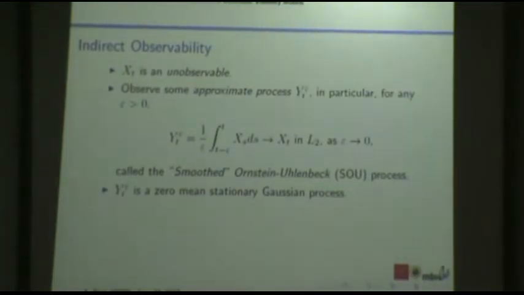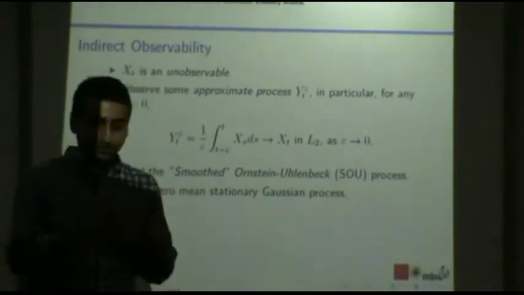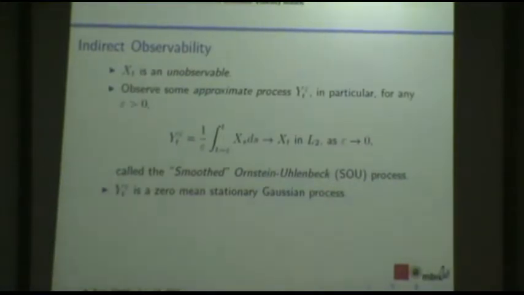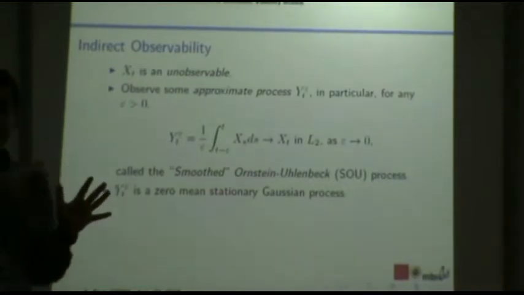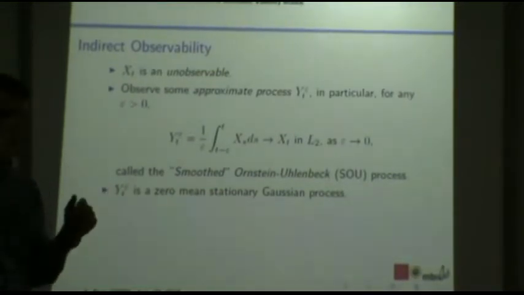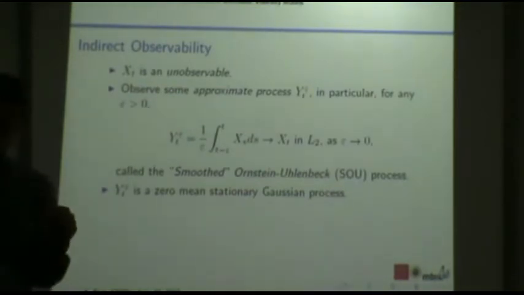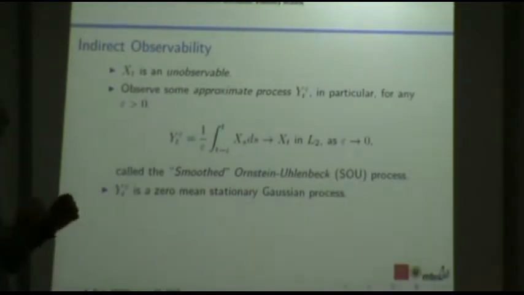I'll take a pause here and dwell on something very important. The OU process is a stochastic process where there is a certain amount of noise in the trajectories. Whereas the smoothed OU process, although a stochastic process, has differentiable trajectories.